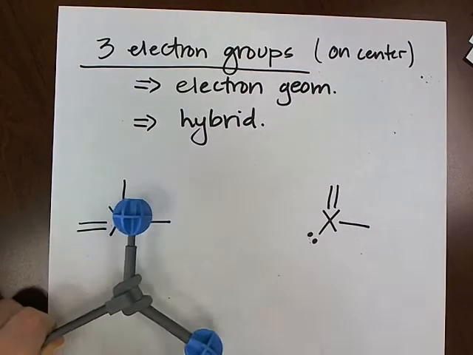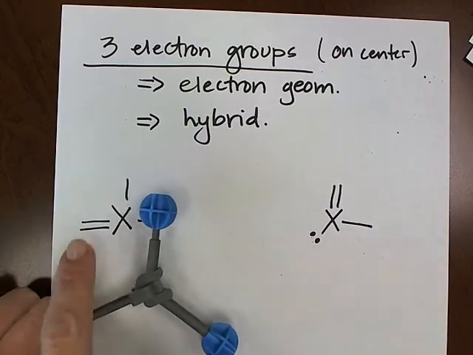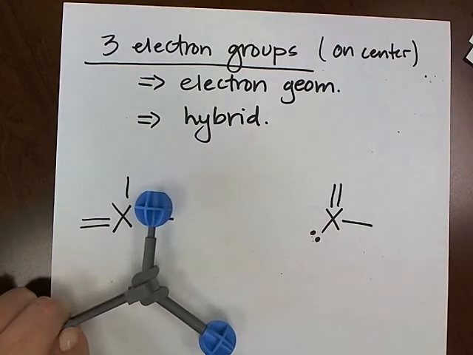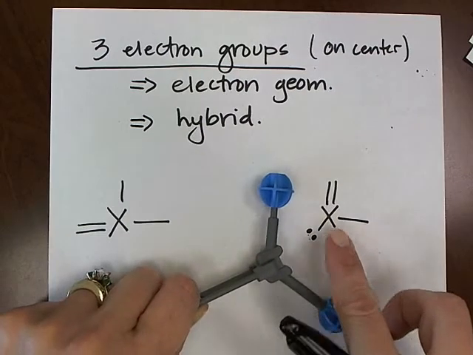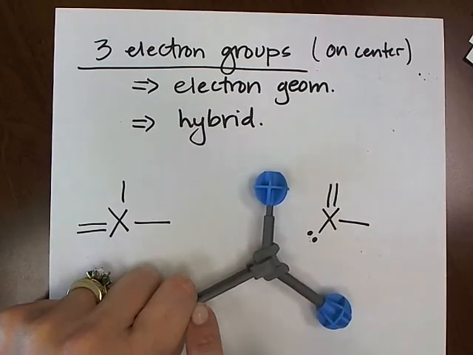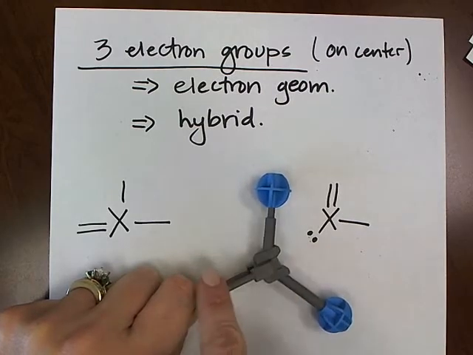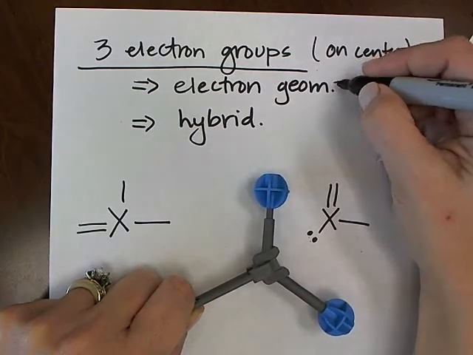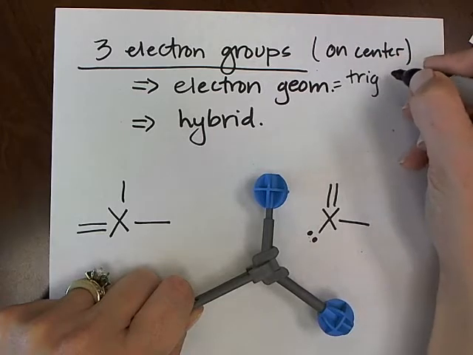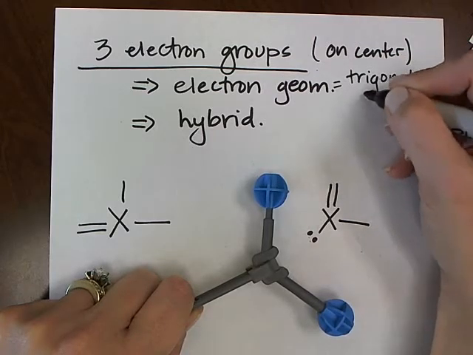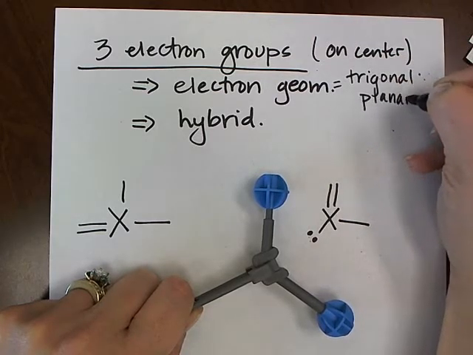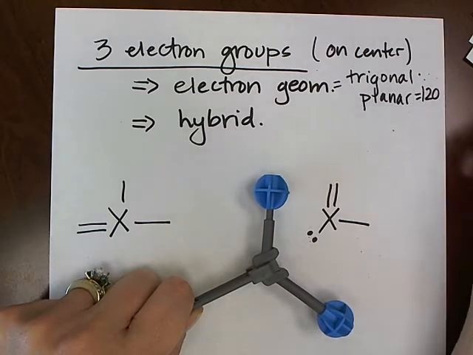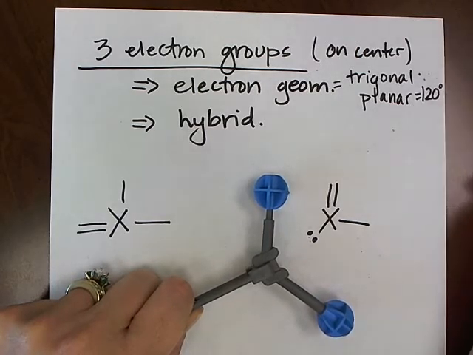In this case, I would have an atom attached here at this position. Here, this position might represent a lone pair. Either way, they're still going to repel each other and have a trigonal planar electron geometry, which means they're going to try to get 120 degrees apart from each other.